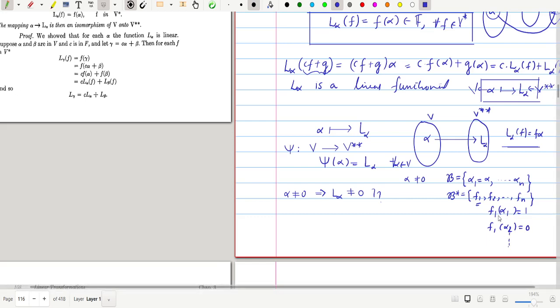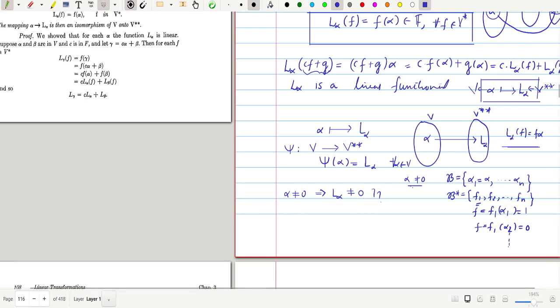So I'll write this f1 as f, the very first element as f, then f of alpha 1 is equal to 1, and the rest of them are zero. So if this is the case, then how do you prove this L alpha is non-zero? If alpha is non-zero, there should exist f1 or f.